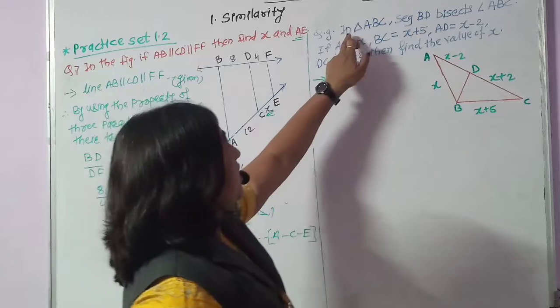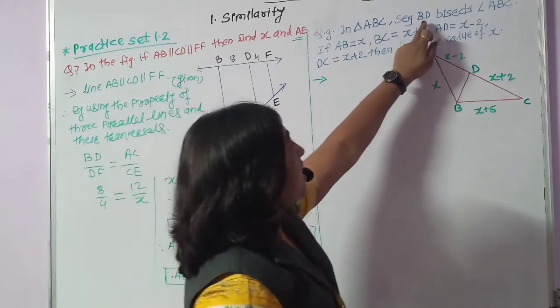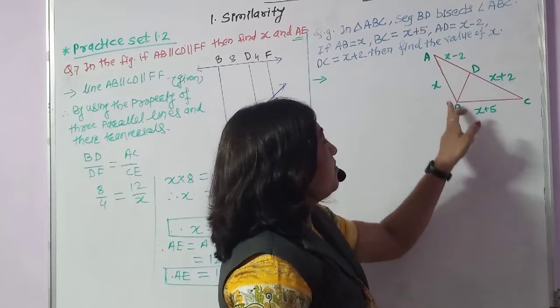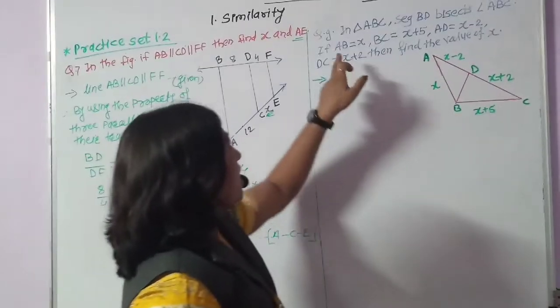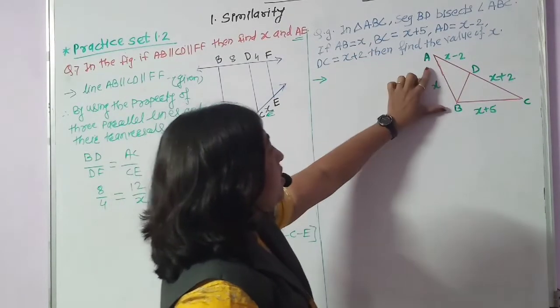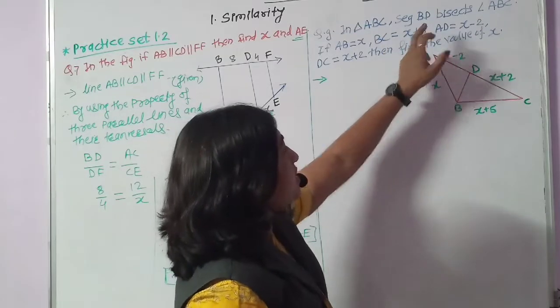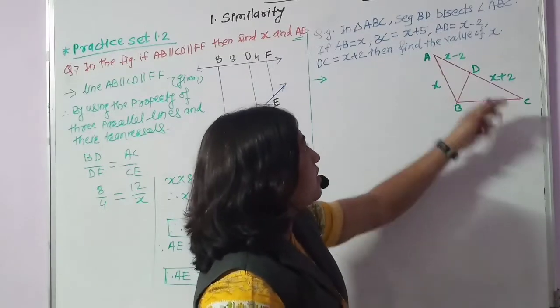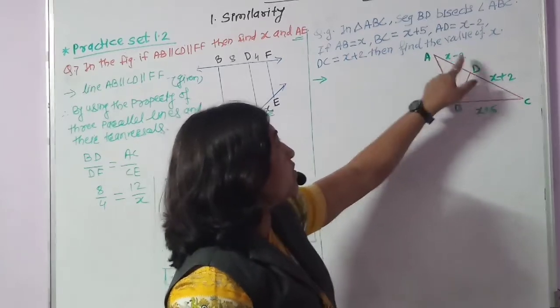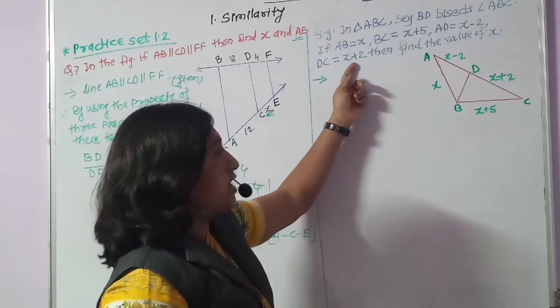See here, in triangle ABC, segment BD bisects angle ABC, and we are given the values of AB equal to x, BC equal to x plus 5, AD equal to x minus 2, and DC equal to x plus 2.